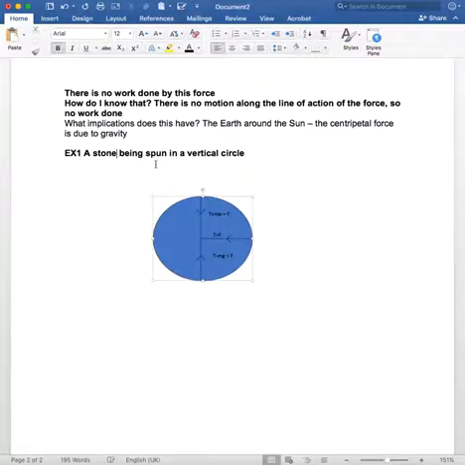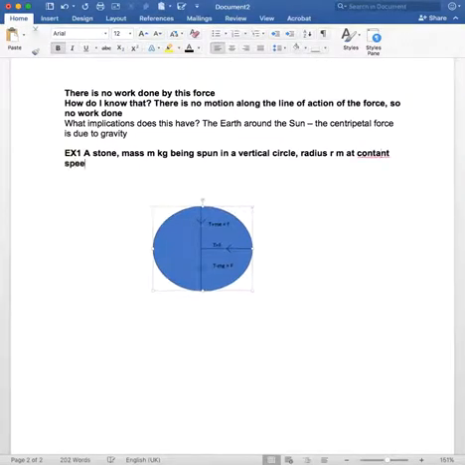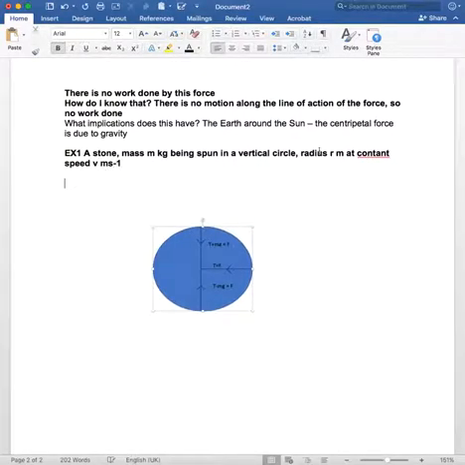The stone, mass m kilograms, is spun in a vertical circle, radius r meters, at constant speed, v meters per second.